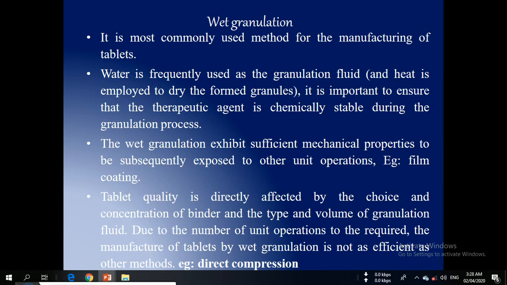So you are responsible to control the overall parameters whenever we are going to manufacture any solid dosage form. Everything directly depends upon you, how much quantity of binder or volume you are going to add.